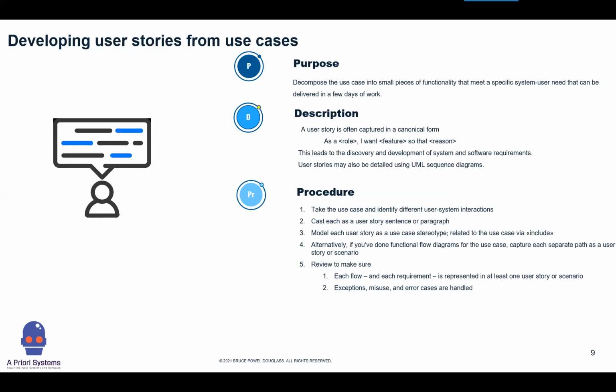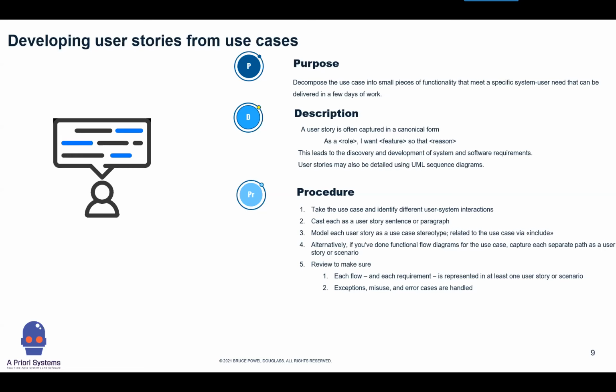If you've done a functional flow, a lot of system engineers like to start with an activity diagram of functional flow. A user story might be one of the paths through that activity flow. It's a single kind of interaction. You take each singular decision, each branch point. That might be a particular user story.